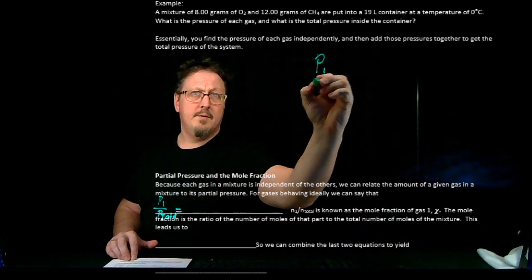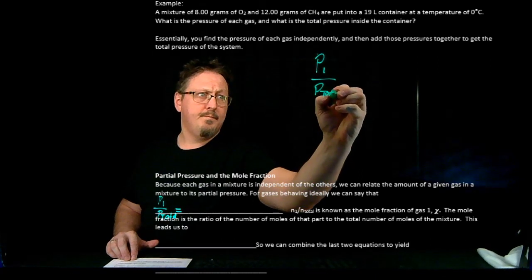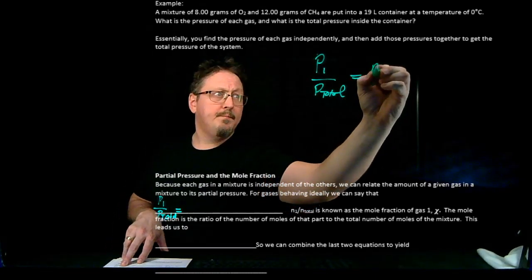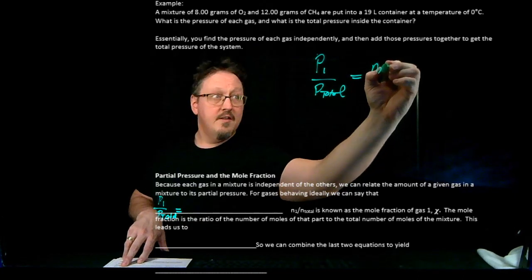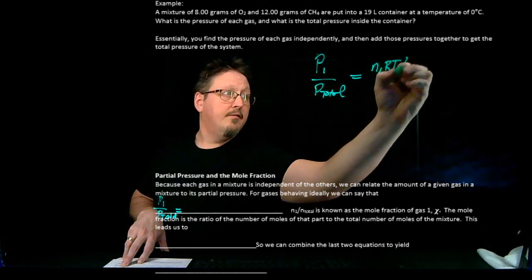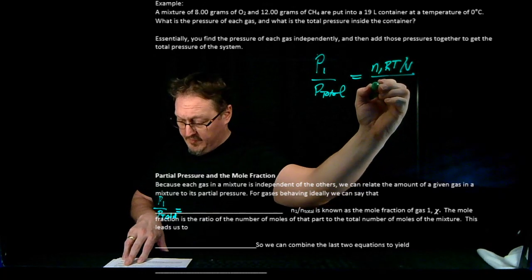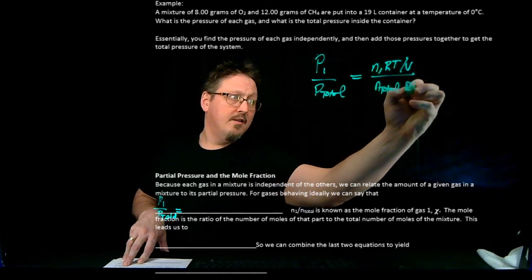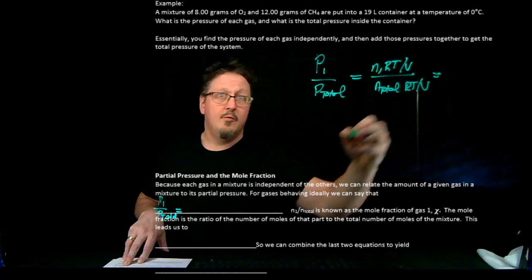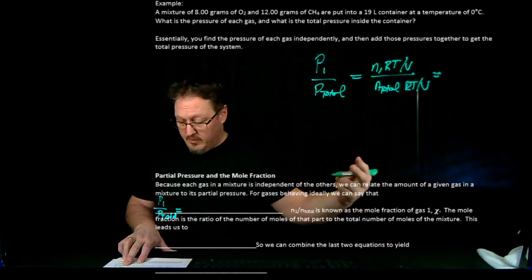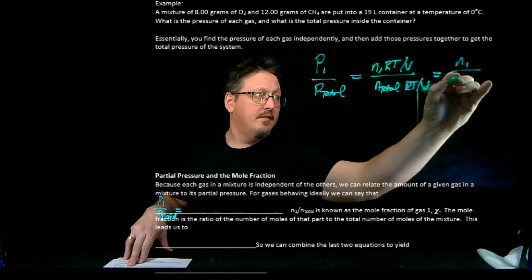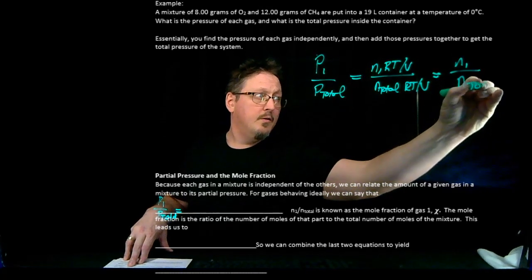So pressure 1 divided by P total is going to equal N1 times RT divided by V. That too is going to be N total times RT divided by V, which really is going to equal N1 divided by N total.